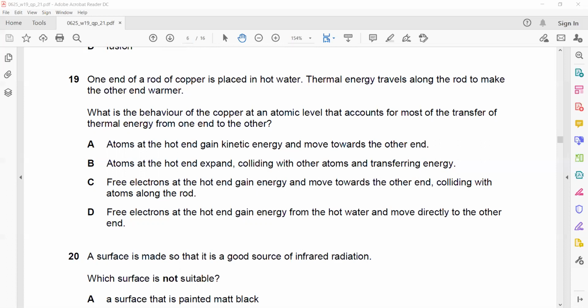What is the answer for question 19? The correct answer for question 19 is C. One end of a copper rod is placed in hot water.